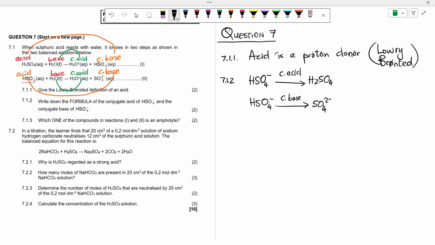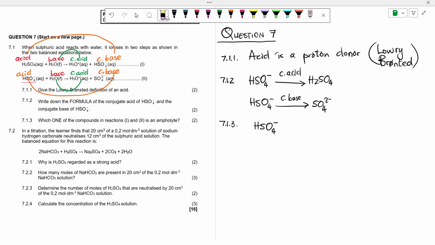It should be HSO4 minus, isn't it? Yes, that's the one that can go in this direction. It can become a base. In this direction, it can become an acid. So that's the only ampholyte. I mean, you can say water technically, but in this specific reaction, water is not an ampholyte. It only goes one direction.